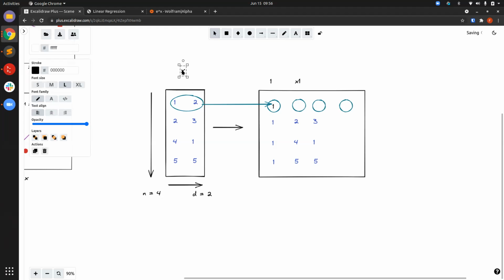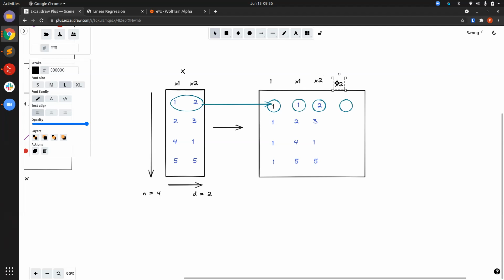Maybe the next feature we'll just use x2. But now we can have as many other features as we want, and they can be any function of 1 and of x1 and x2.